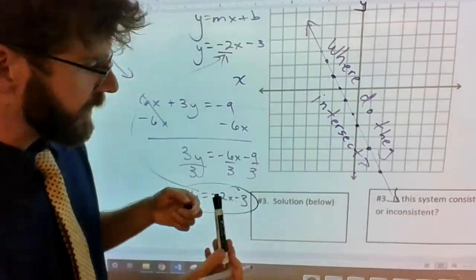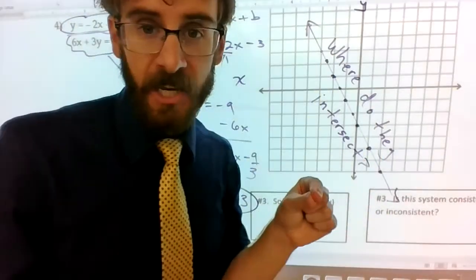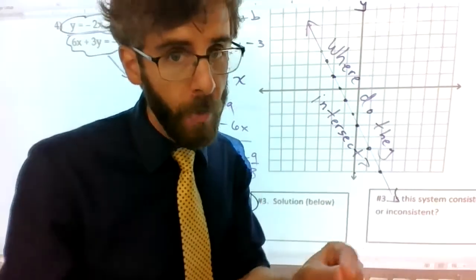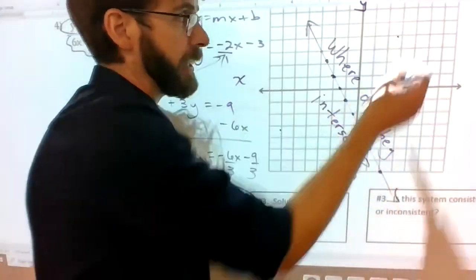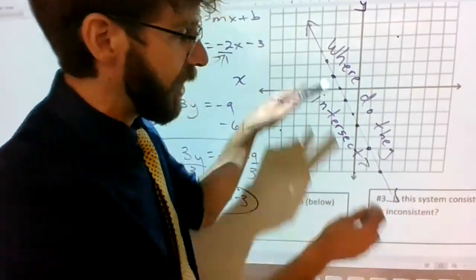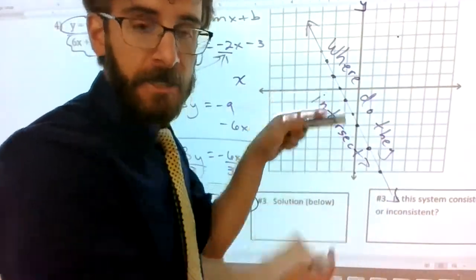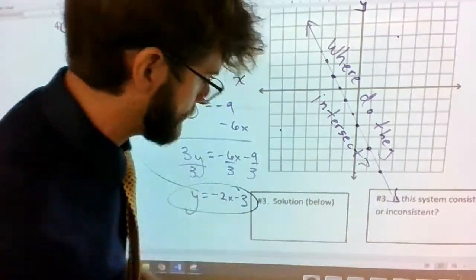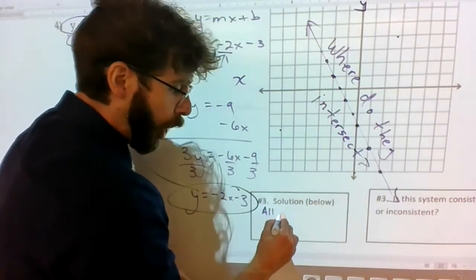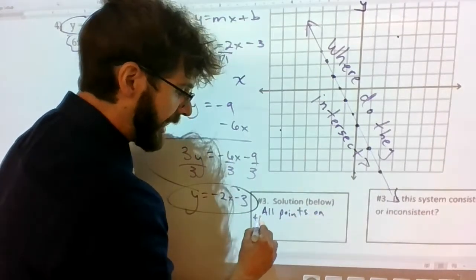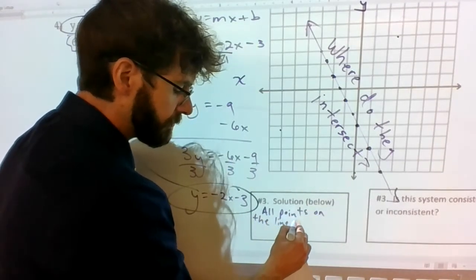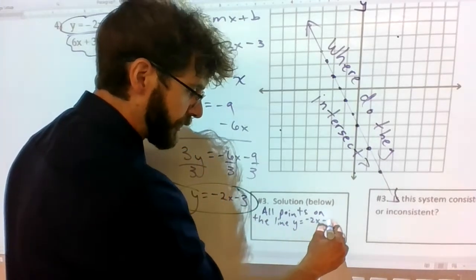So, if I'm talking about two lines that intersect at every single point, I'm not talking about this point, and I'm not talking about that point. I'm talking about all the points on this line. So there's a couple different ways to express that. You could say all points on the line, and then actually put the line, y equals negative 2x minus 3.